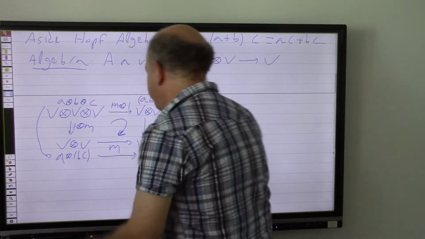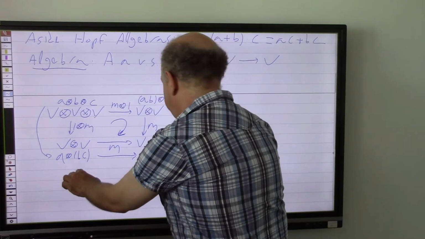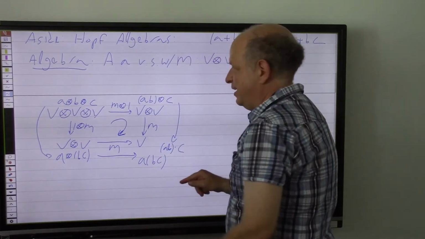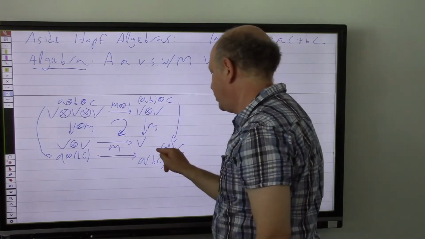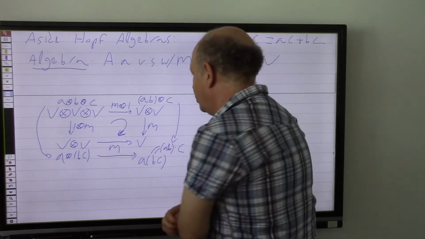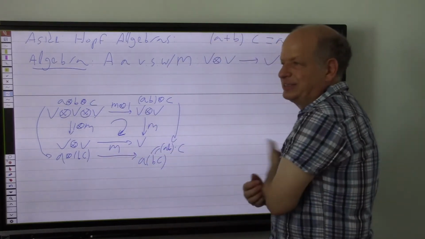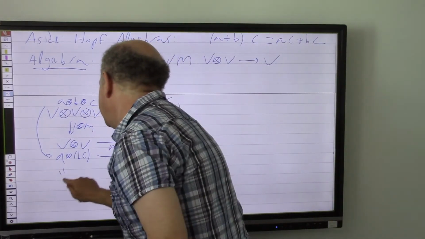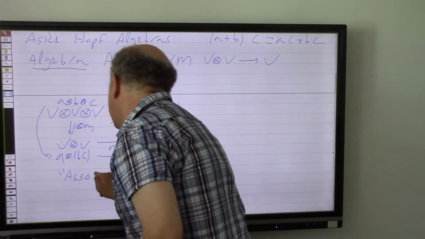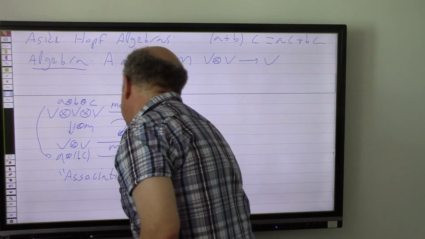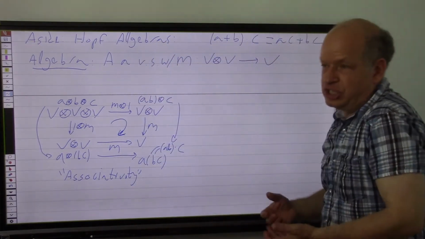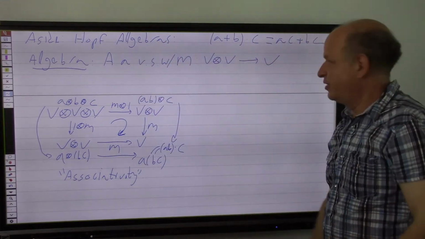And then when I apply M, I will get A times BC. The commutativity of this diagram is the fact that the two results should be equal, and this is the associative law. So this commutative diagram is called the associativity diagram. It's a condition on products. Okay?